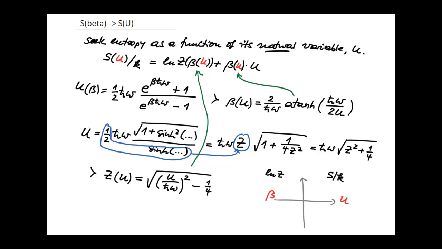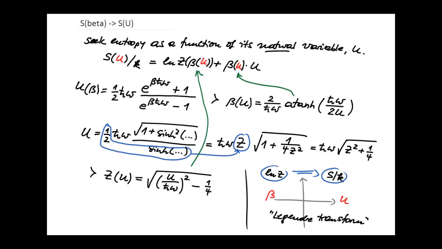And this transition from log z as a function of its natural variable beta to the entropy as a function of its natural variable u amounts mathematically to a Legendre transformation. And here on this page, together with the previous pages, you have seen how you do that in practice.